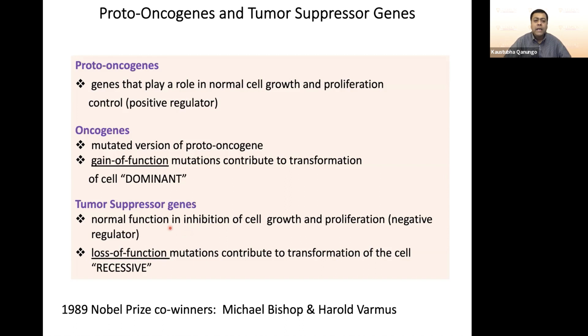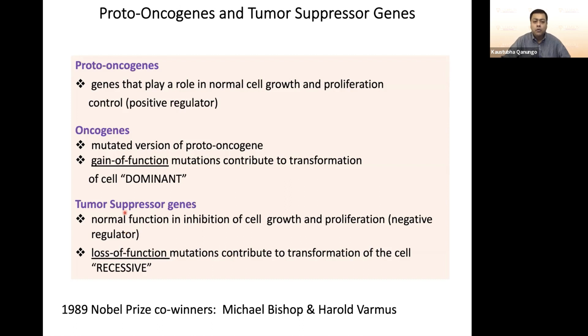But if they lose that function, the genes which are responsible for the cell cycle will now become activated, because the nucleosomes are not keeping the DNA in that tight form. They are now in the loose form. They are making expression of their DNA. They are replicating their DNA, and they are making the proteins responsible for the cell division when it is not needed. So the tumor suppressor gene mutation is a loss of function mutation.